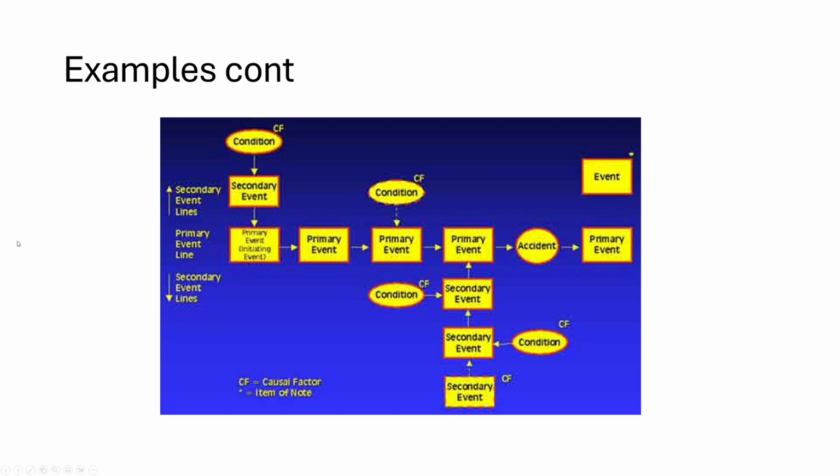Any events that occur above or below that line are secondary events that maybe are contributing, or they're conditions that were brought upon by events. There's a lot of different ways to do that, but keep that in mind, right? So you'll have this initial through line, and then above or below that line is where your secondary events will go.